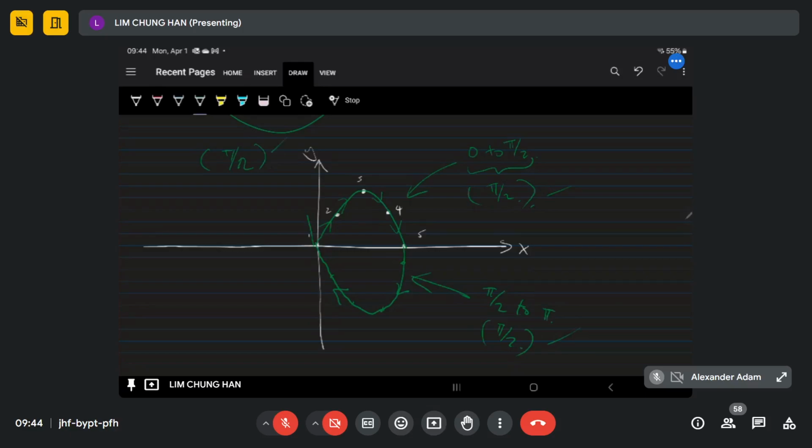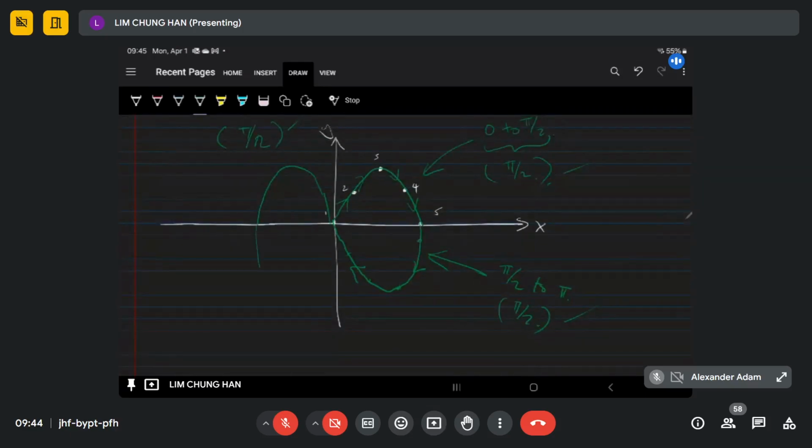We need 4 pi over 2s. So it's going to do this over here. And finally, it's going to do the fourth loop over there to finish. When it finishes, you can see it finishes at the same point there. So that means the IP and the TP are actually the same point.